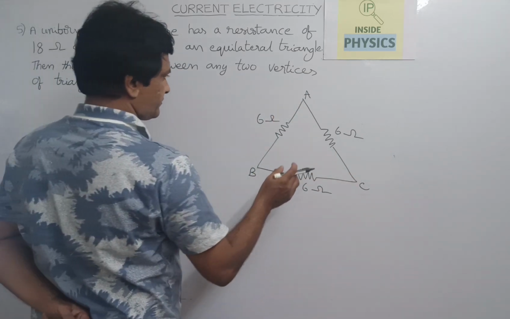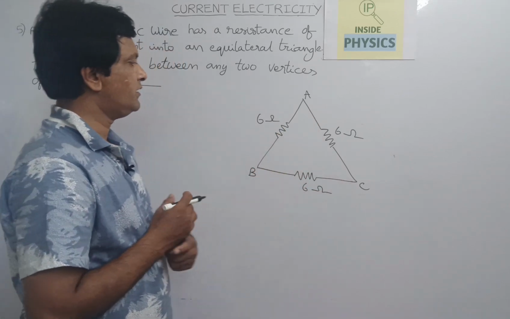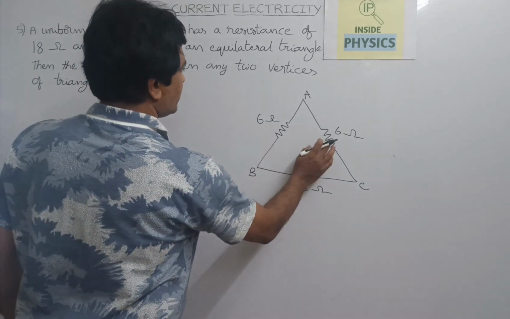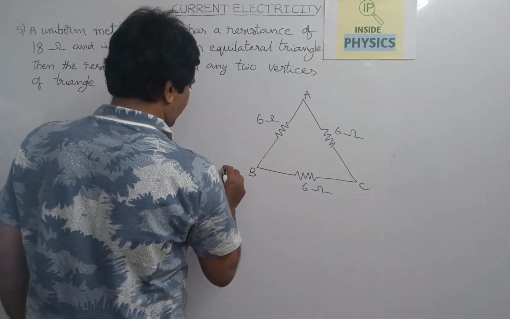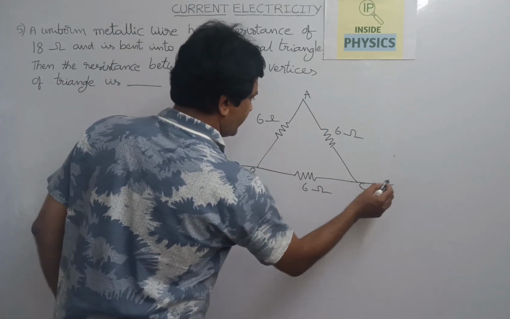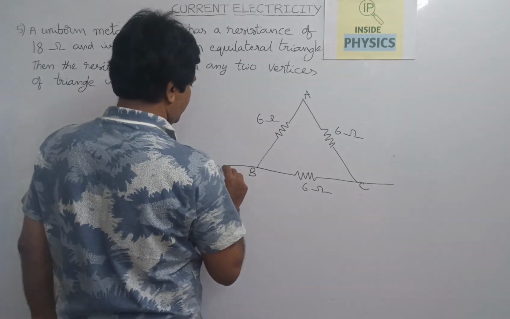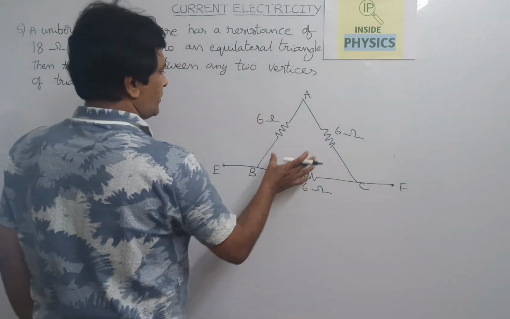So if you consider the resistance between two vertices, say BC, what can we do with this diagram to measure the equivalent resistance? To have a better idea, we will take the points E and F. Okay, so what is the equivalent resistance?